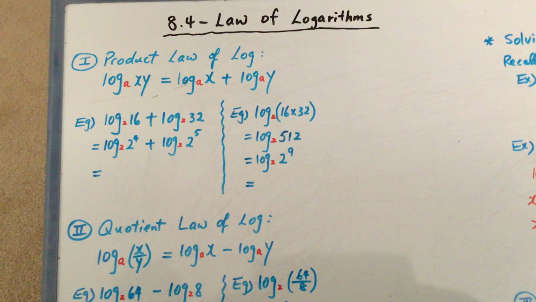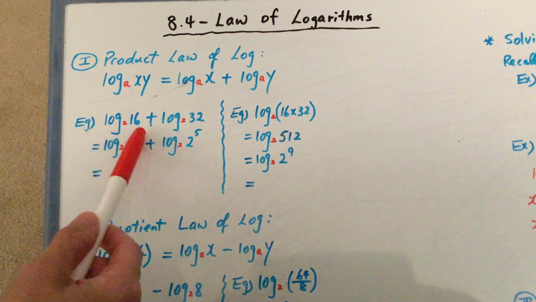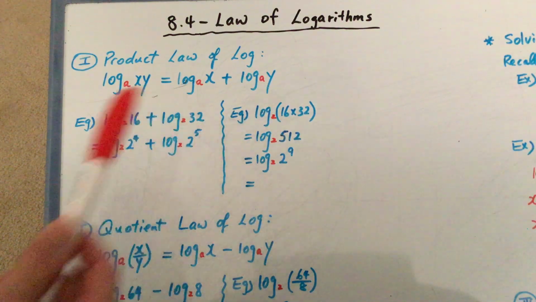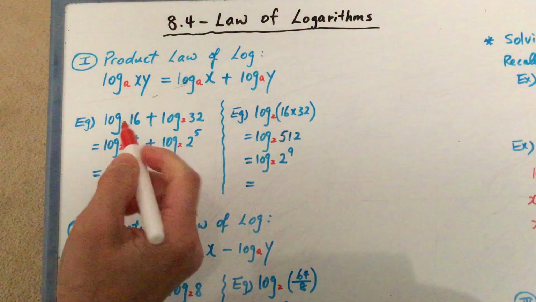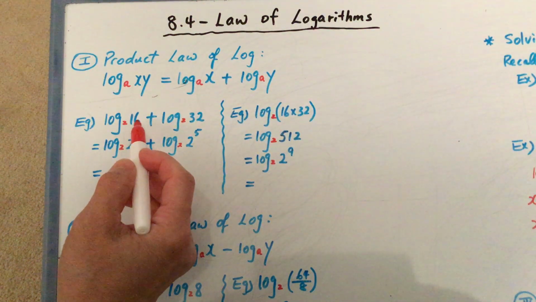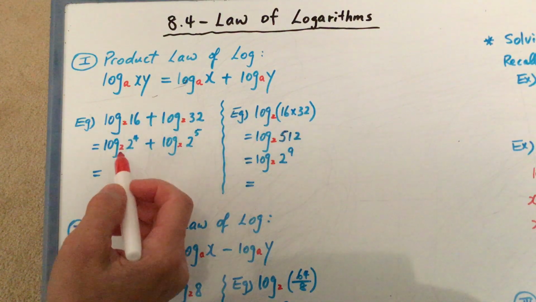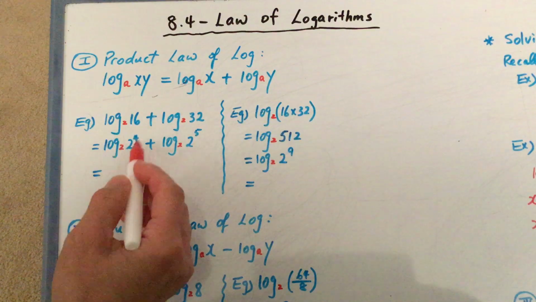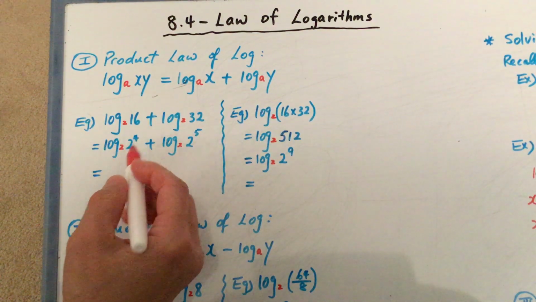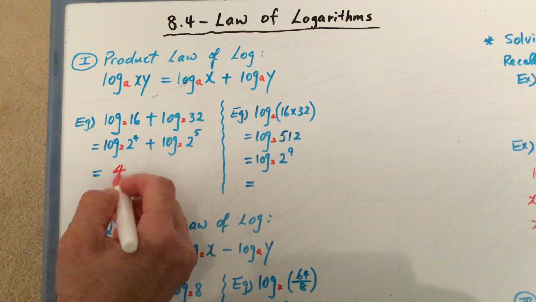Okay, so for example, if I have the expression log 2 of 16 plus log 2 of 32, from what we know from the previous sections, if I change the 16 into base 2, I get log 2 of 2 to the 4, and from the fact that we know, this expression is equal to 4.